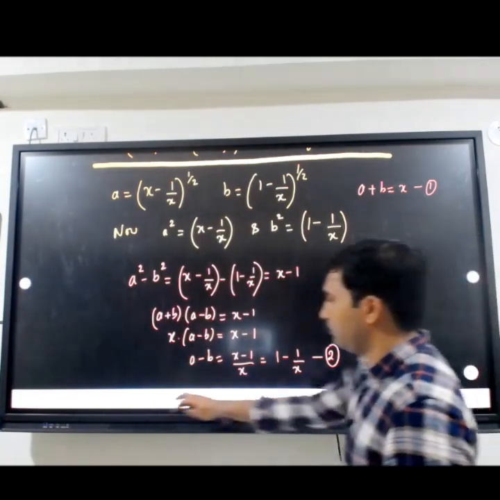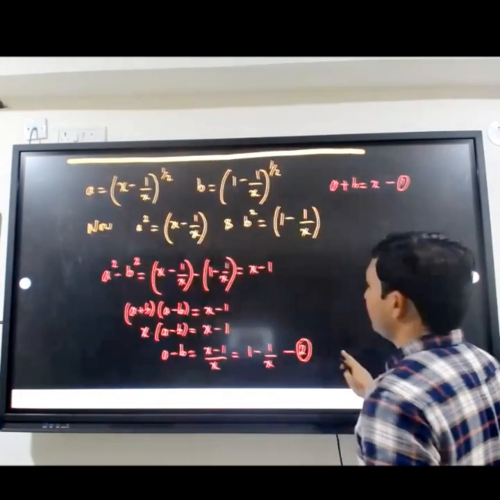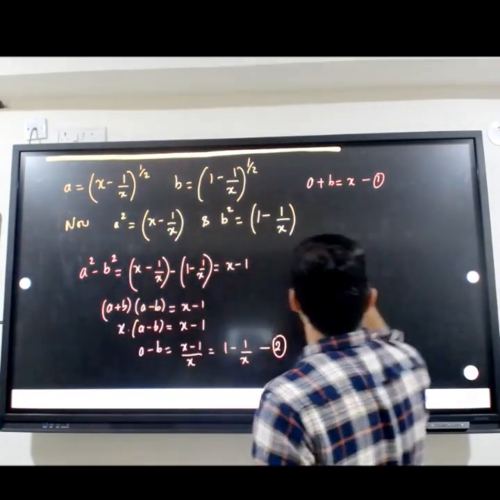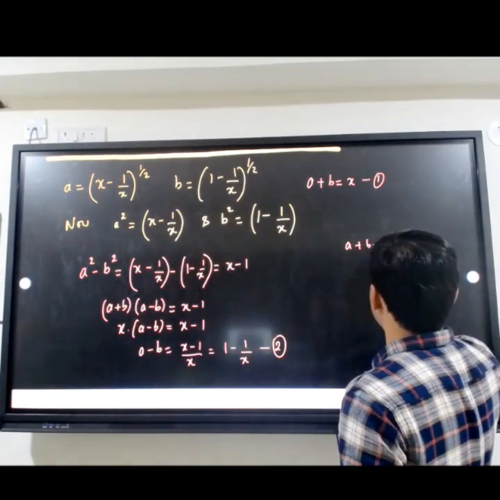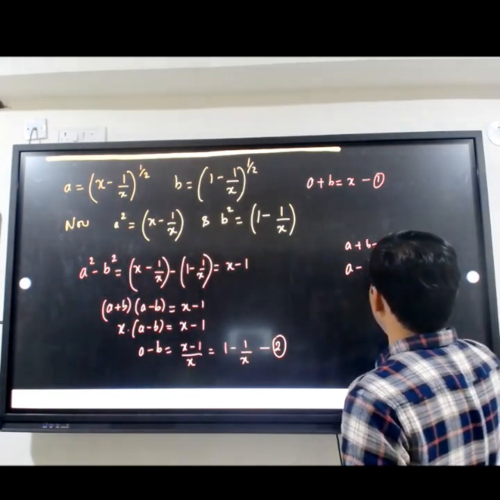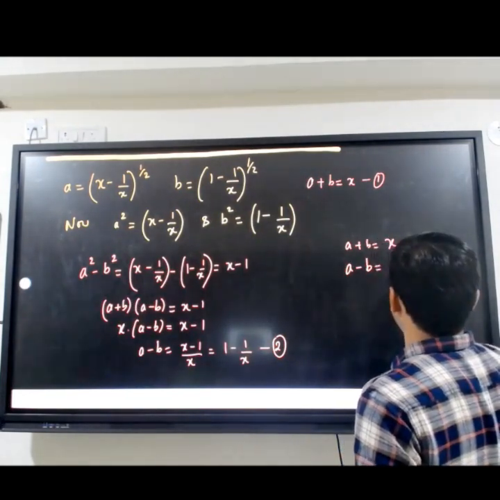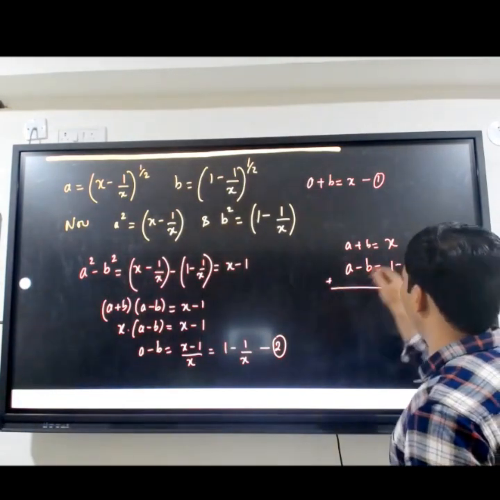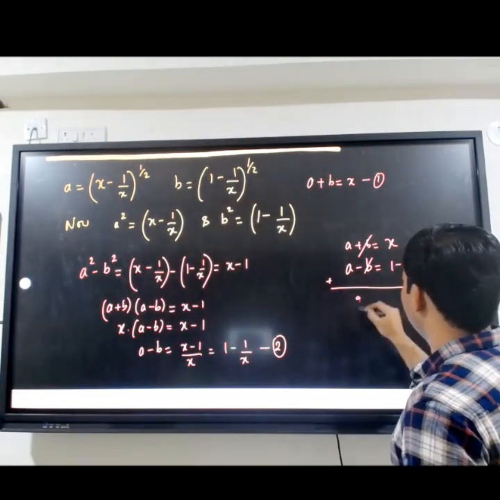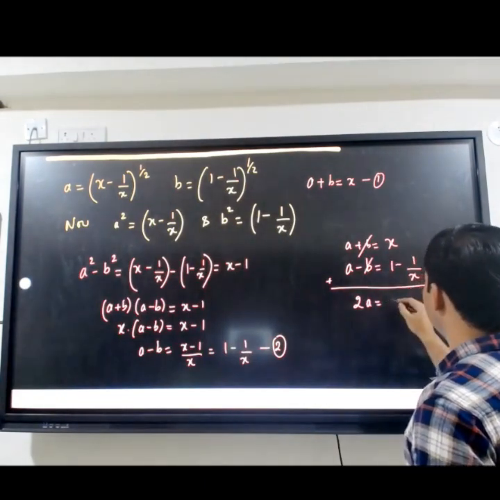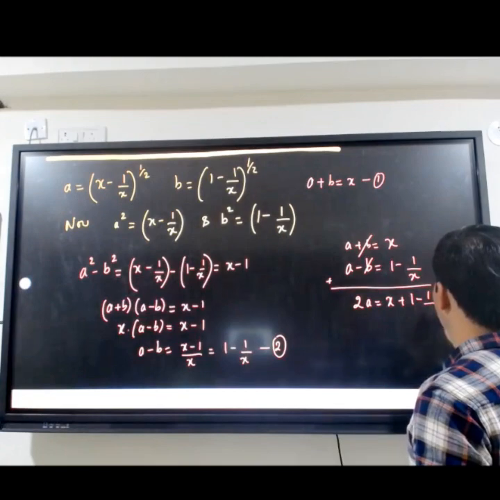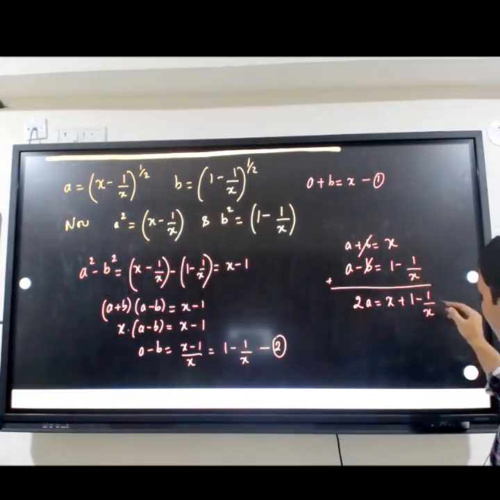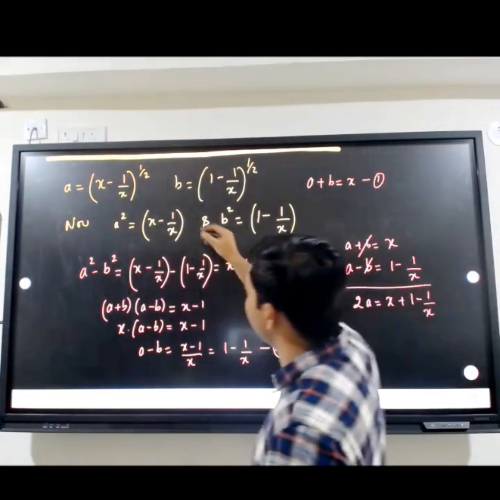Okay. Now we can solve these two equations and write here a + b = x and a − b = 1 − 1/x. Now when I add these two equations, what will I get? b and b cancel out. 2a = x + 1 − 1/x. Now see here, x − 1/x, how much is it?